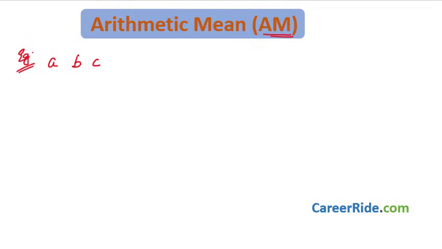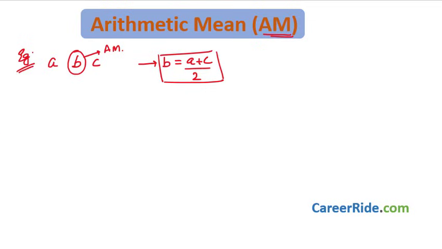So now here the middle term, that is B, is your arithmetic mean here. And how do you calculate it? You calculate it by B is equal to A plus C by 2, right? So this is your arithmetic mean here.